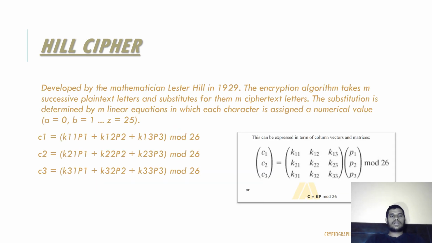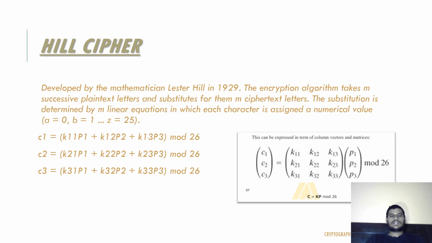Hill cipher, developed by the mathematician Lester Hill in 1929. The encryption algorithm takes m successive plain text letters and substitutes for them m ciphertext letters. The substitution is determined by m linear equations in which each character is assigned a numerical value, which is A = 0, B = 1, and so on till Z = 25.